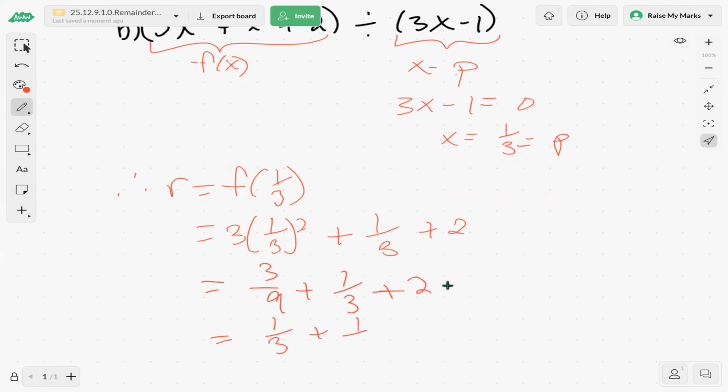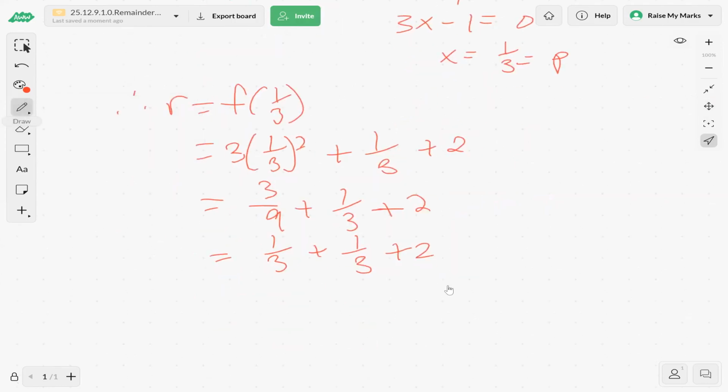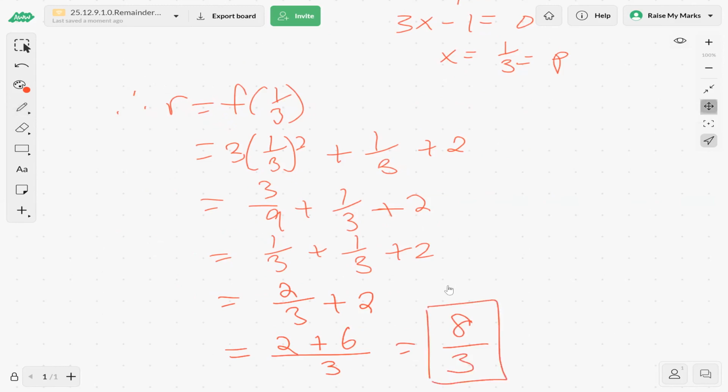That's nice. That simplifies, and we're left with 2 over 3 plus 2. Putting everything over a common denominator, 8 over 3. So our remainder is 8 over 3 in the second case.